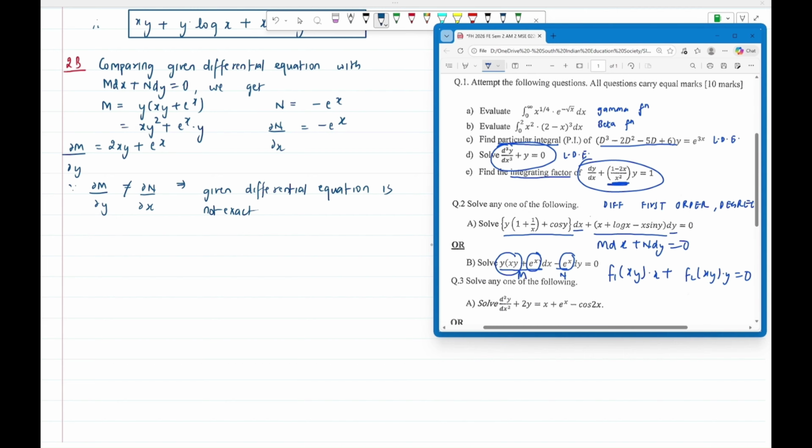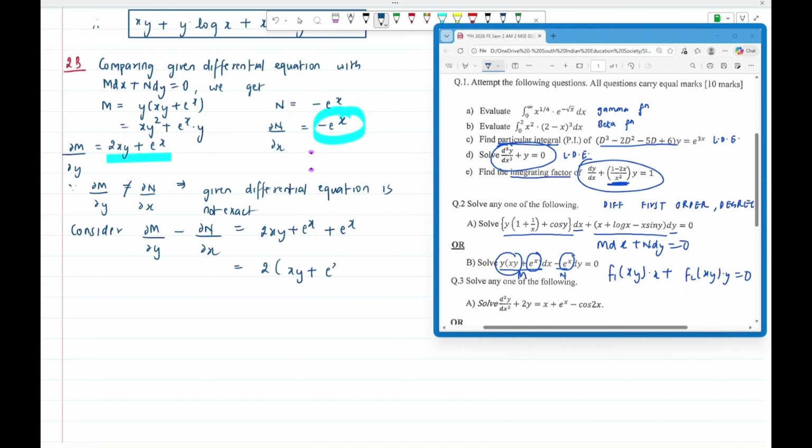So for that, we are going to take the difference. Consider the difference between the partial derivative of M with y and the partial derivative of N with x. When we do this, we have 2xy plus e raised to x, that's the value of partial derivative of M with y, and then we need the partial derivative of N with x, which is e raised to x. As you can see, we can factor out 2, and this is going to be xy plus e raised to x.